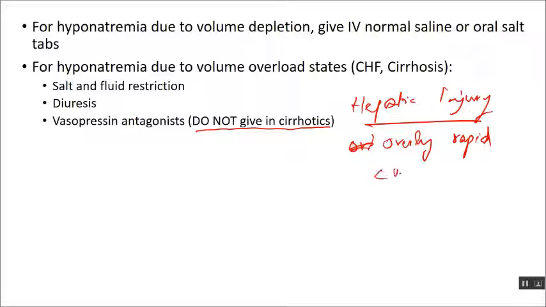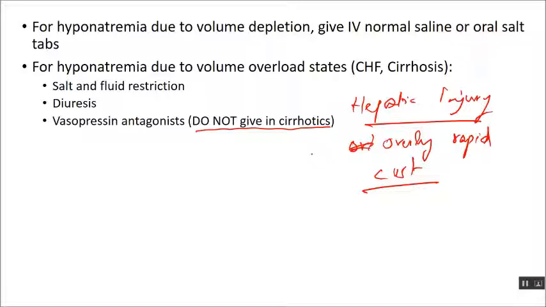Cost is another issue. These medicines are costly, and that's another reason why we don't want to use them very commonly in general practice, especially when we have simpler, less costly, and less dangerous methods of fixing the sodium, such as salt and water fluid restriction, diuresis, RAA pathway inhibitors.